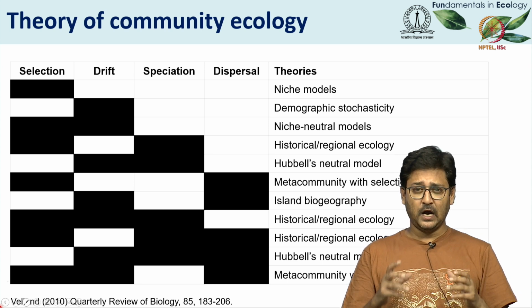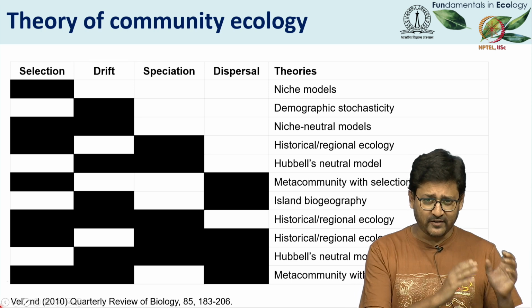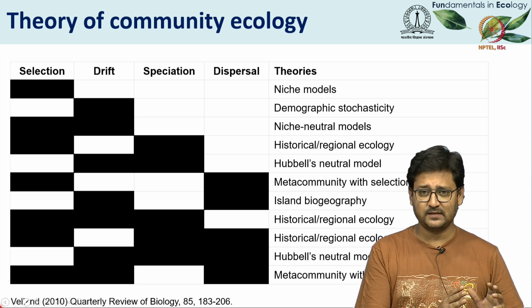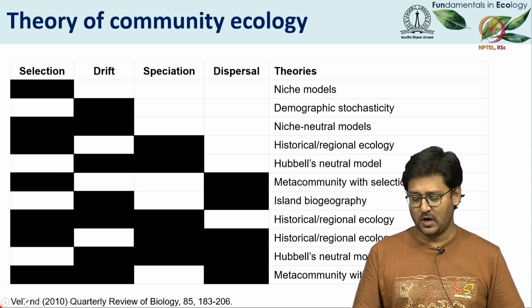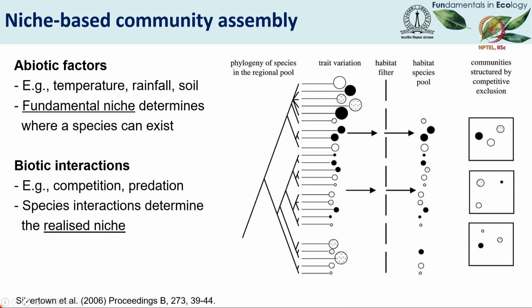So we can't say that in every community the relative strengths of these mechanisms are the same. But this has been classically the way in which people have thought about community assembly.